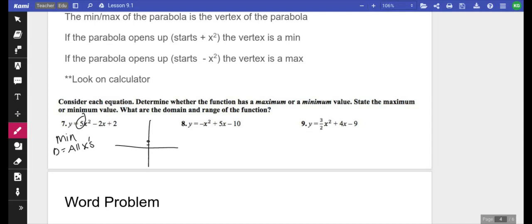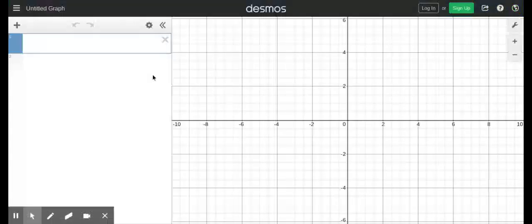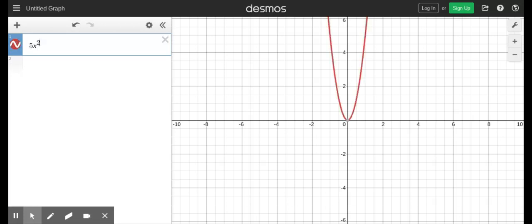Let's try this again. Okay, so we have 5x squared minus 2x plus 2.